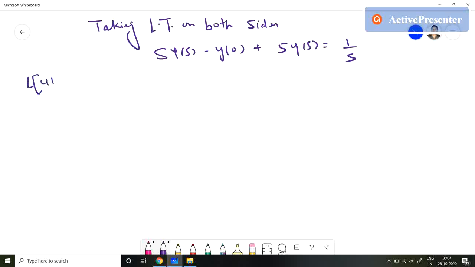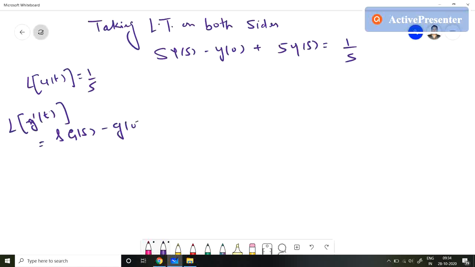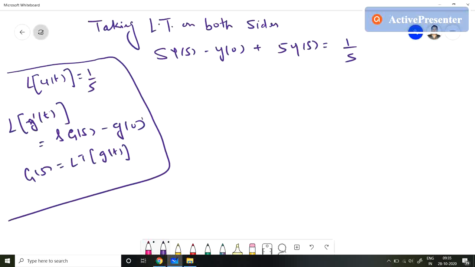Basically the Laplace transform of u(t) is 1/s, and the Laplace transform of g'(t) is s G(s) minus g(0), where G(s) is the Laplace transform of g(t). So this is the general formula we have applied here.